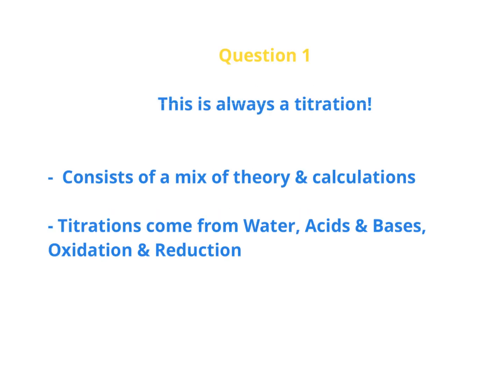So the first thing that we need to know is question 1 on the Leaving Cert exam paper will always be a titration question. There are a wide variety of titrations on the Leaving Cert Chemistry course, and they come from the chapters of water, acids and bases, which we will see some from today, and oxidation and reduction. Question 1 will always consist of a mix of theory and calculations.